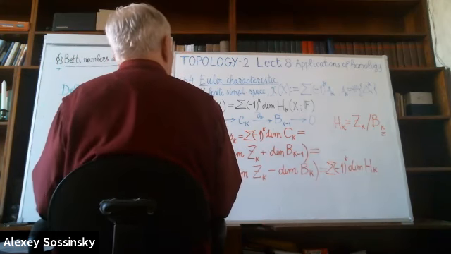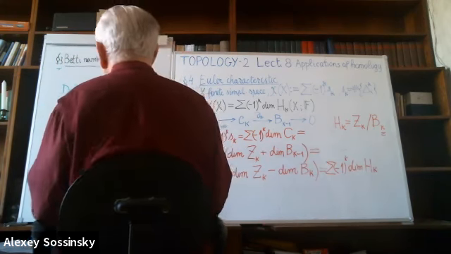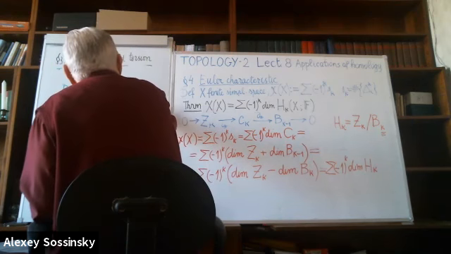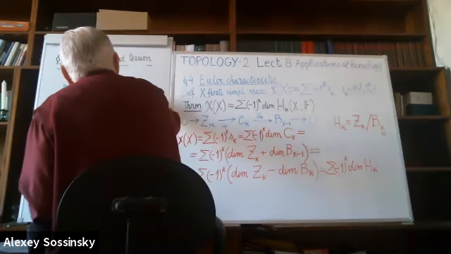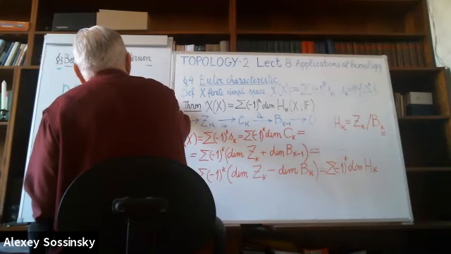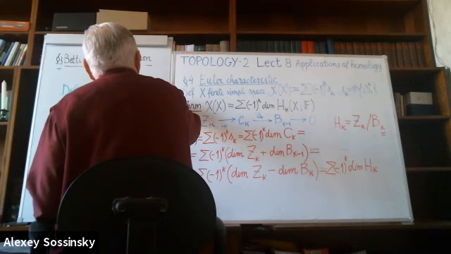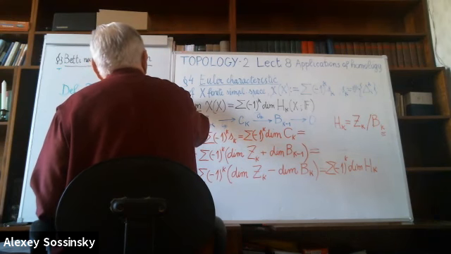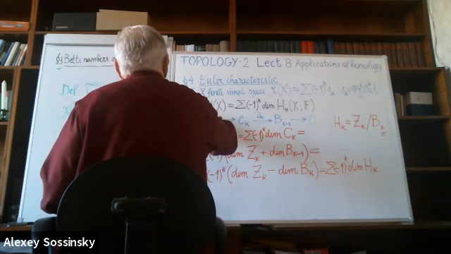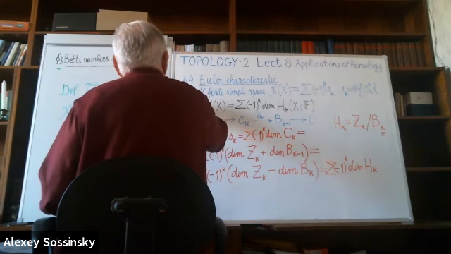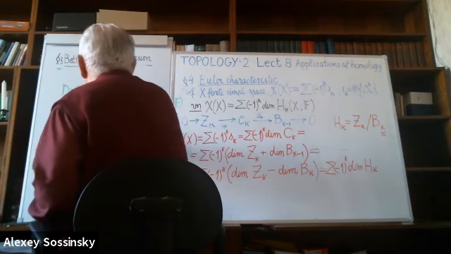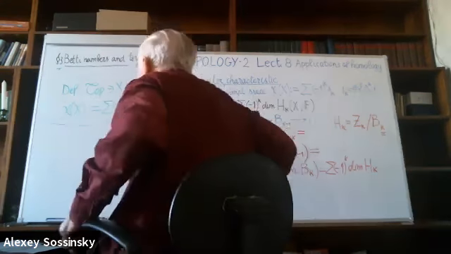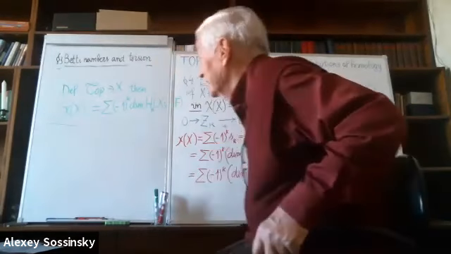Well, think for a moment, and you will immediately correctly guess that it is the sum of minus 1 to the k of the dimension of Hk(X) with coefficients in the field.